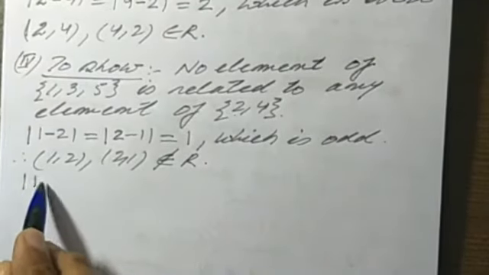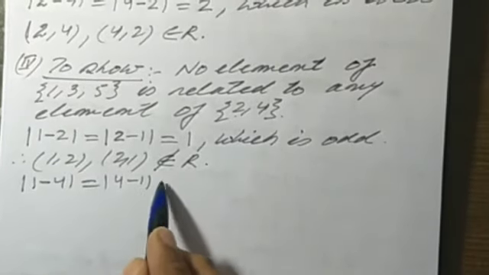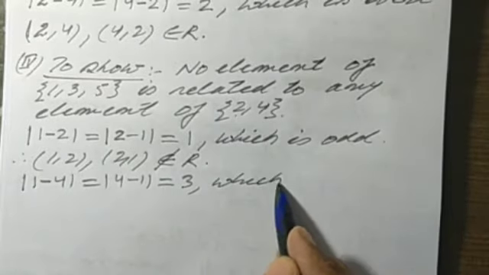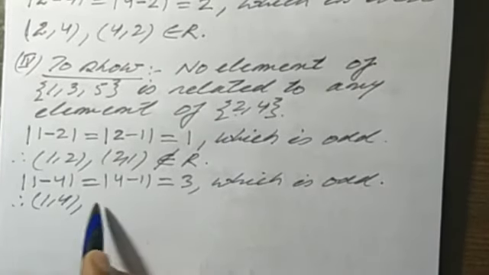We may show that modulus 1 minus 4 is equal to modulus 4 minus 1 is equal to 3, which is odd. So 1 comma 4 and 4 comma 1 do not belong to R.